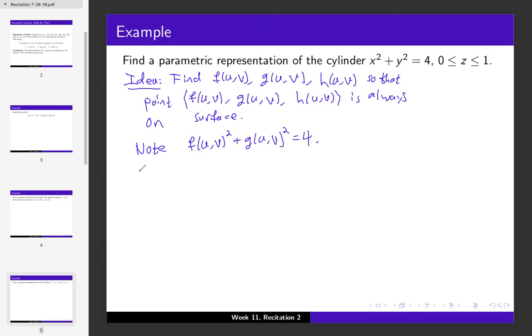So you can say, for example, that f(u,v) would have to be 2 cosine u, and g(u,v) would have to be 2 sine u.